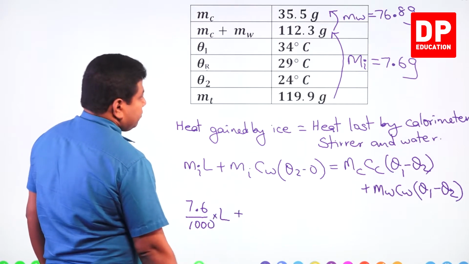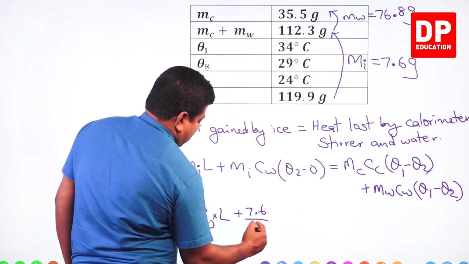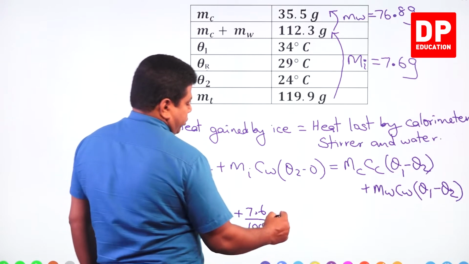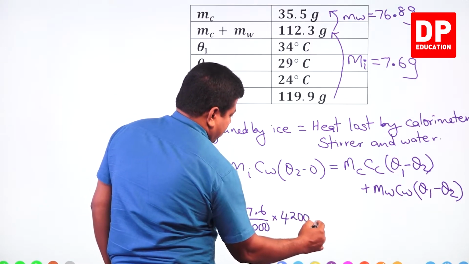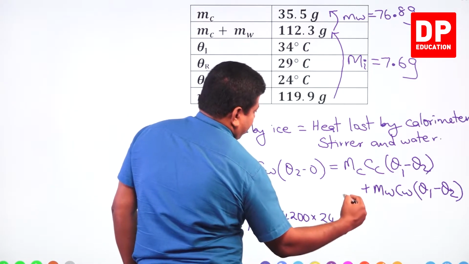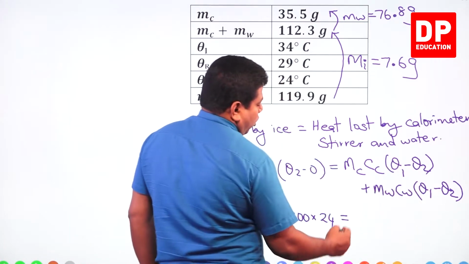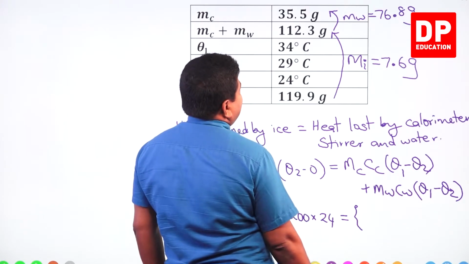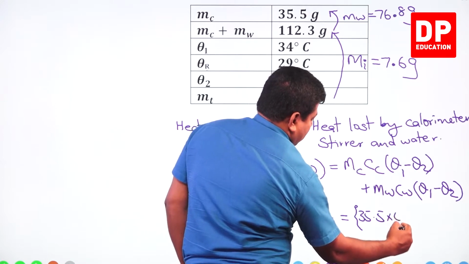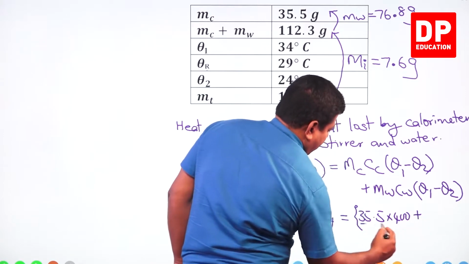L, M_I again 7.6, C_W usually we take as 4200, theta 2 is 24 minus 0, which will be 24 itself. M_C C_C, here we can take theta 1 minus theta 2 common, then shall I write it this way? M_C 35.5, C_C 400, M_W 76.8 by 1000.